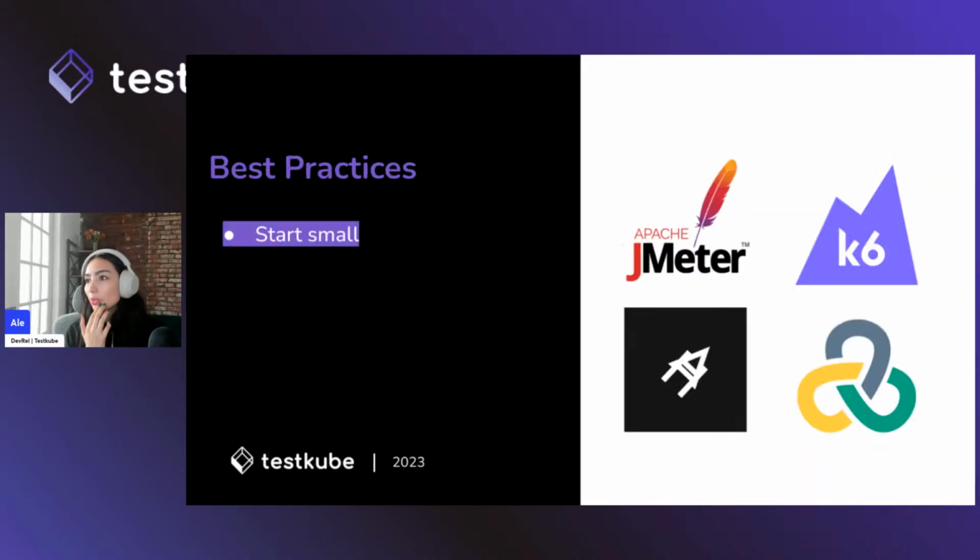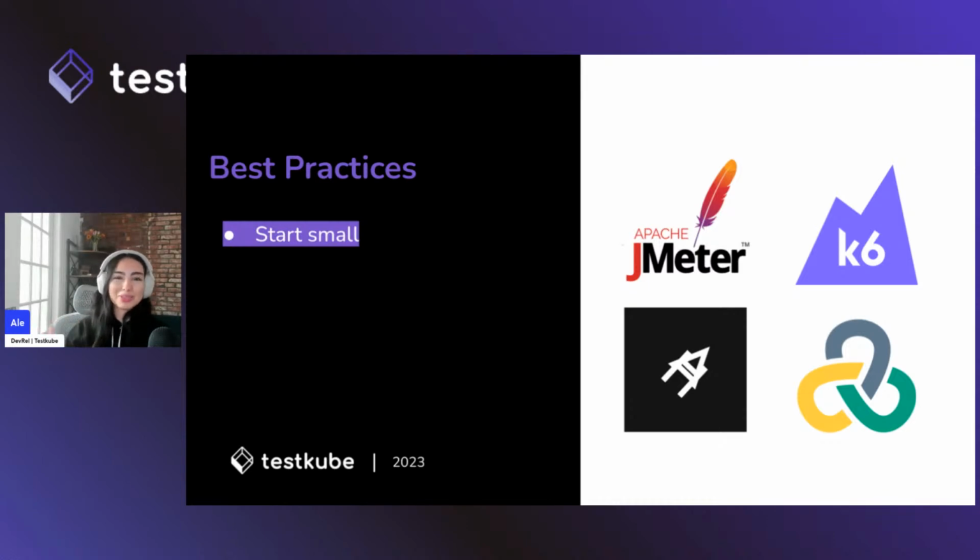So now we'll touch on some best practices that we really recommend, specifically when you're getting started with your testing system and when you're trying to transition, or you've already transitioned, into using Kubernetes. The first thing that I want to touch on is the importance of starting small.